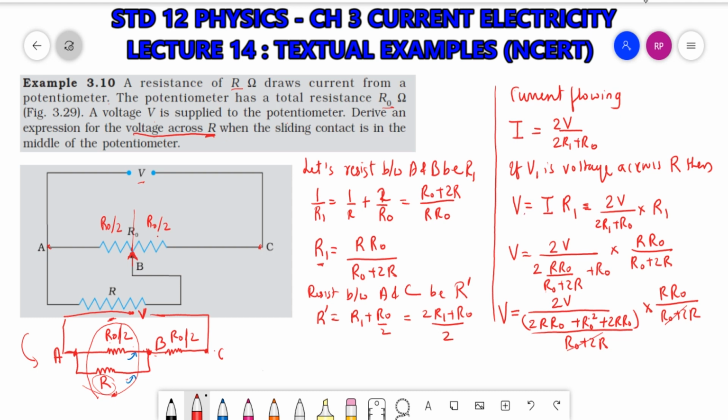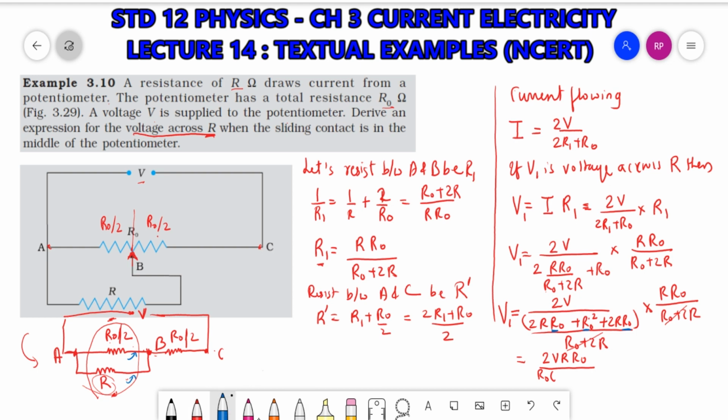Okay, and let's take this as V1. We have taken V1 as the voltage across R. So V1 will be equal to 2V upon 2RR0 plus R0 square plus 2RR0, into RR0. So this will be equal to 2V R R0 in the numerator. And see here, I can take R0 common.